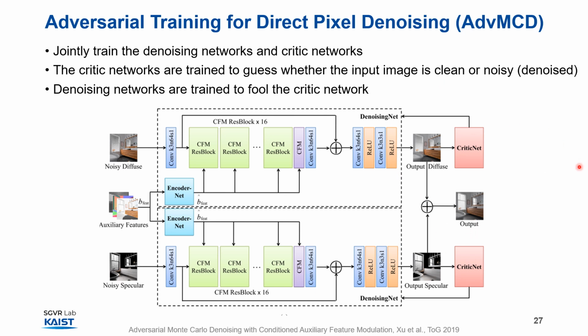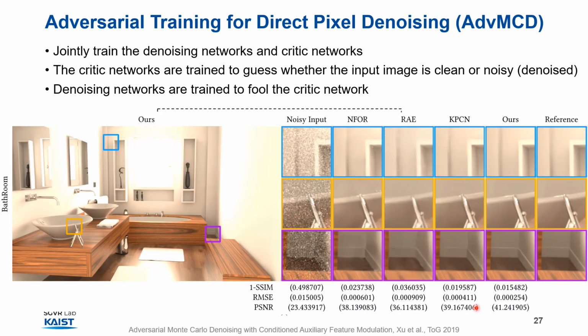The critic network guesses whether the input image is clean or denoised, while the denoising network is trained to fool the critic network. Such training process successfully regularized the denoising network to reconstruct better details than before. As you can see, the specular details and the texture details are better reconstructed than the other models.